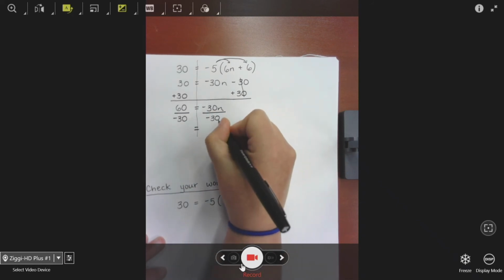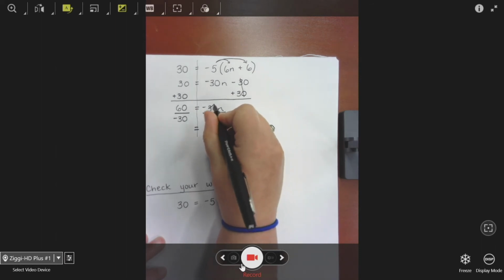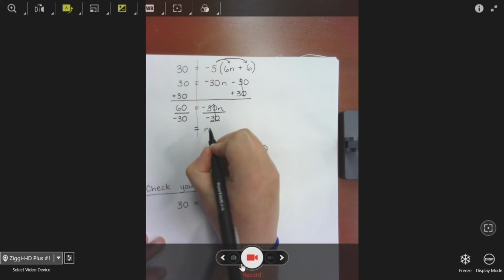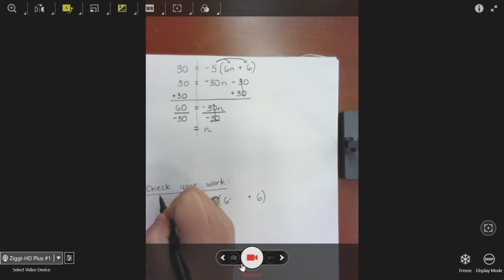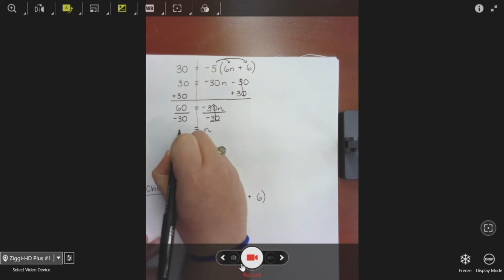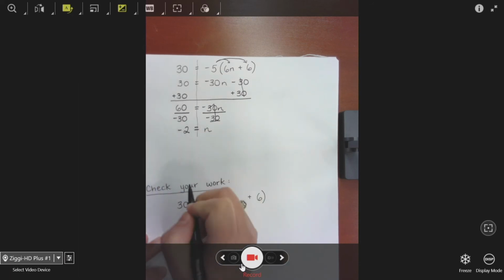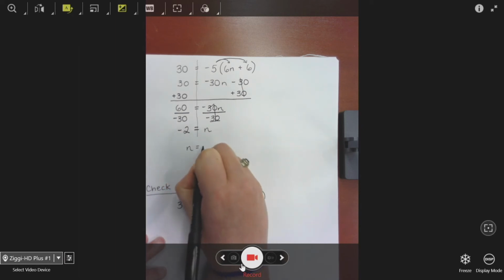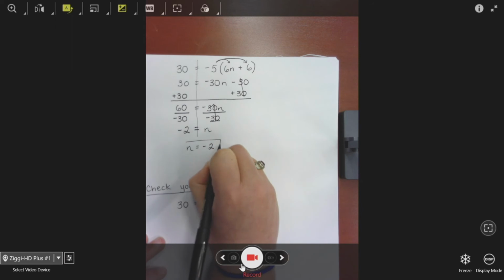Negative 30 divided by negative 30, that makes 1. So we're left with n on the right side. 60 divided by negative 30 gives me negative 2 on the left side. So our solution would be n equals negative 2.